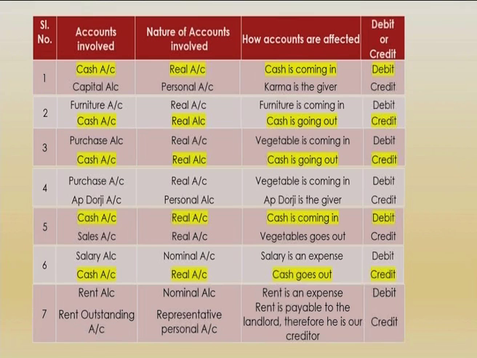Rent outstanding account is a representative personal account because this has to be given to the landlord at the end of every month. Thus, landlord becomes creditor of the firm. So therefore, rent outstanding account should be credited and the rent account should be debited. This is how we analyze the transaction and then apply the rule for debit and credit.